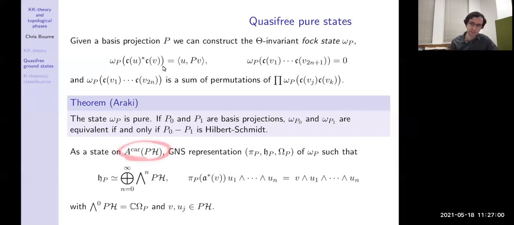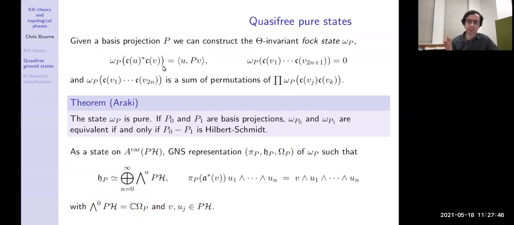When I have this state on this CAR algebra, the GNS Hilbert space is really just the fermionic Fock space, where I use this wedge to denote the antisymmetric tensor product, the creation operators really do act as creation operators, and this vacuum element is precisely the vacuum, because this is just the one-dimensional space of the vacuum state.